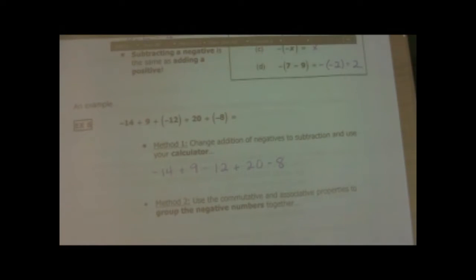If you're going to put this in your calculator, you are going to start out with negative 14 plus 9. Change the plus and negative to minus 12 plus 20. Change the plus and negative to minus 8. That's what you can put in your calculator. Less keystrokes, and anytime you have less keystrokes, that's less possibility of error.